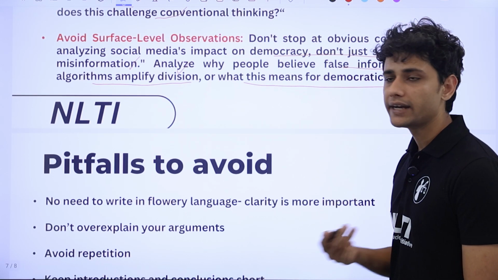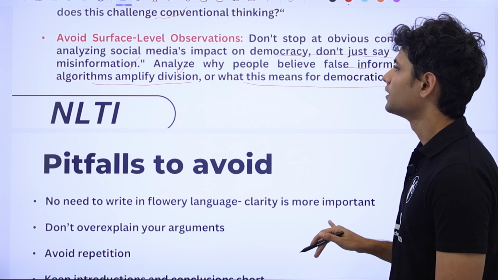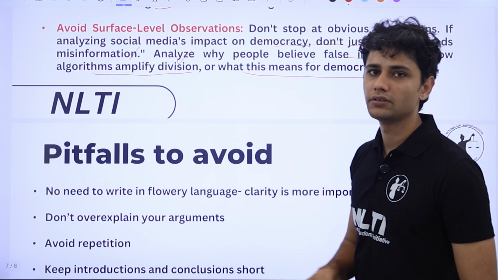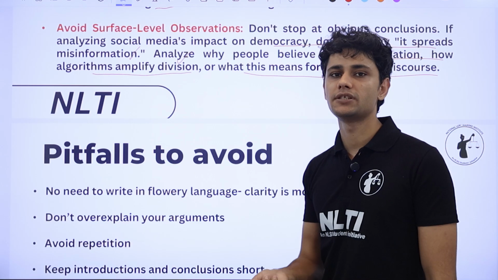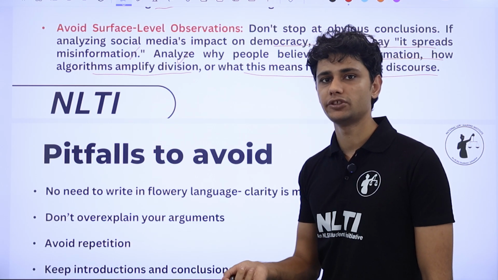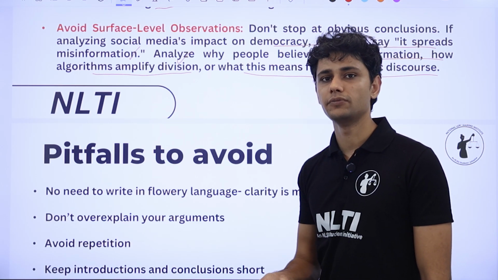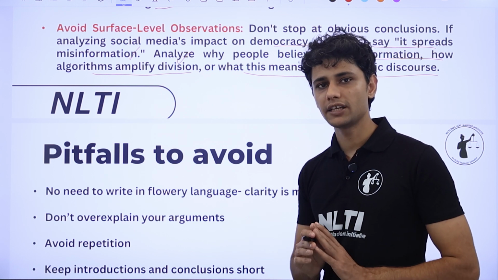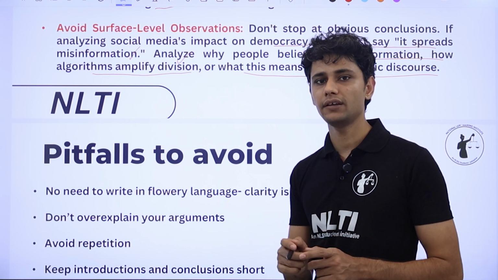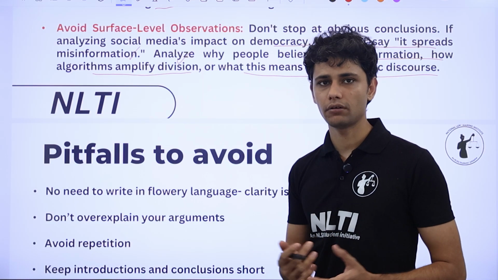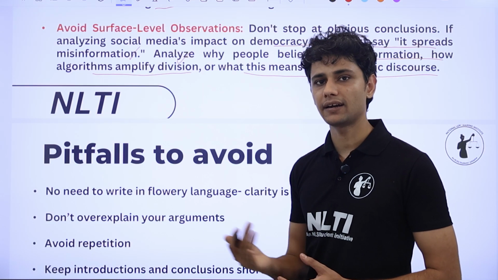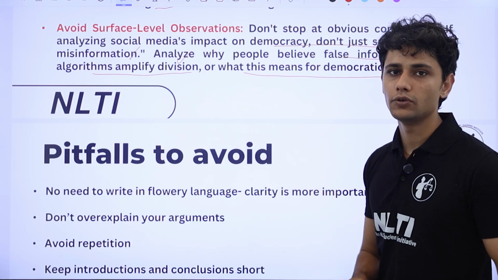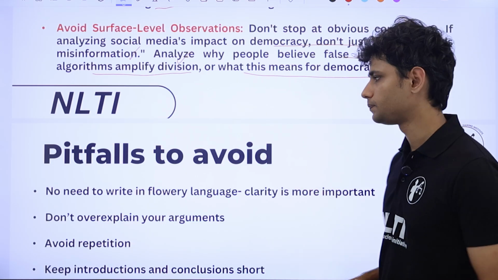Any person writing a descriptive essay on social media and democracy will only say that it spreads misinformation, but assess why it spreads, how it spreads, what happens when it spreads, the consequences of spreading misinformation. That way you're exploring multiple facets of the same thing, and it makes your essay look way better than simply stating one fact. This is what you're supposed to do by using this what, how, if framework.